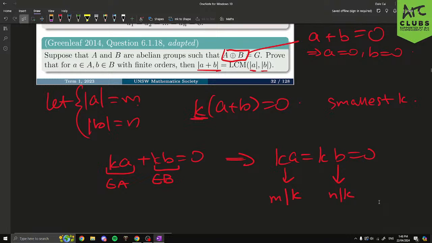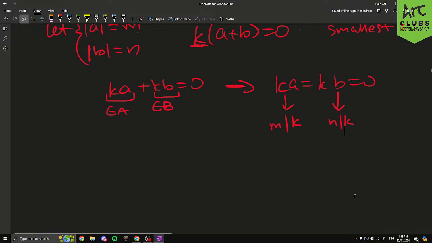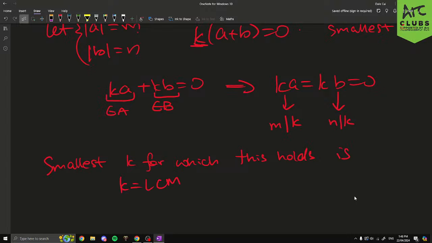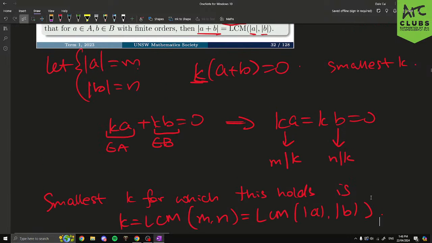So k has to be an element that is divisible by both m and n, and the smallest such element is the LCM of m and n, which is the LCM of the order of a and the order of b. Okay, so this is how you would prove that.